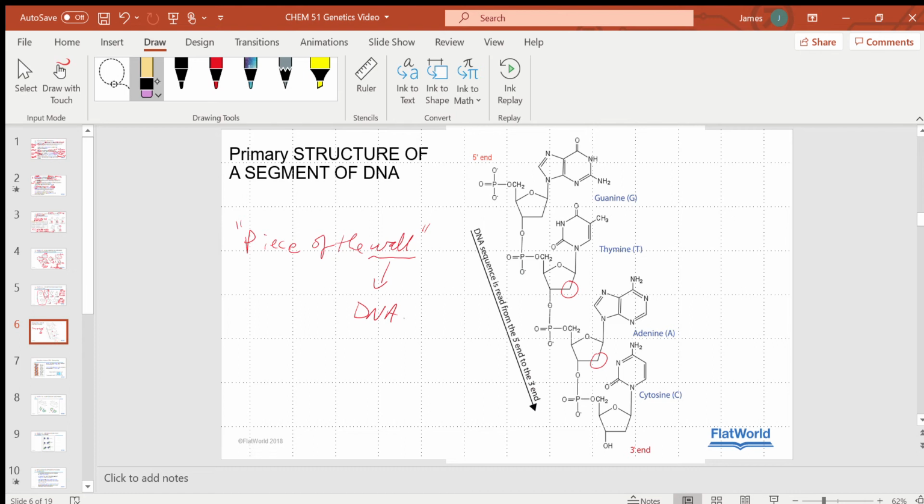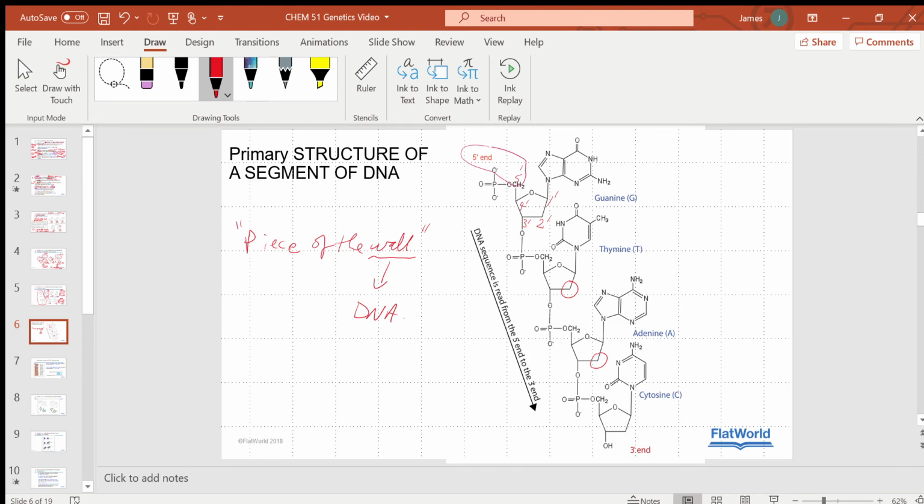Remember, I alerted my students earlier to the numbering of the ribose sugar component. So this is the 1' carbon, this is the 2' carbon, this is the 3' carbon, this is the 4' carbon, and this therefore is the 5' carbon. So now you know why it's called the 5' end.